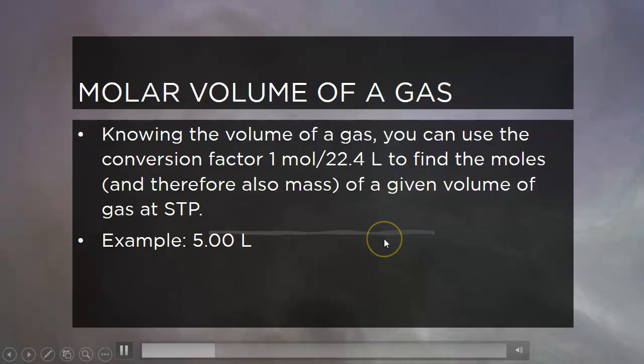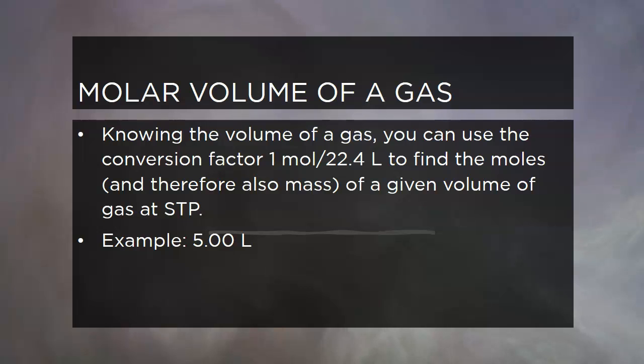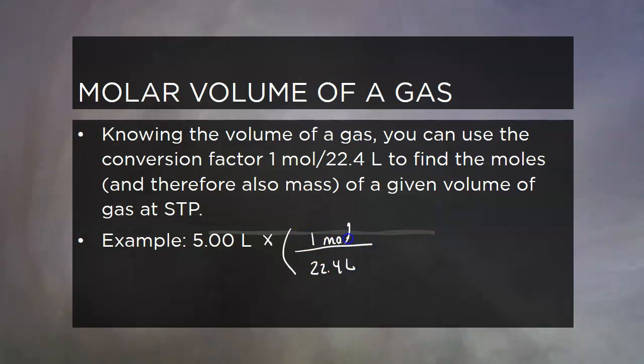So for this first example, we've got 5 liters of a gas. How do we figure out how many moles that is? Well, I know that the conversion factor is 22.4 liters per 1 mole.